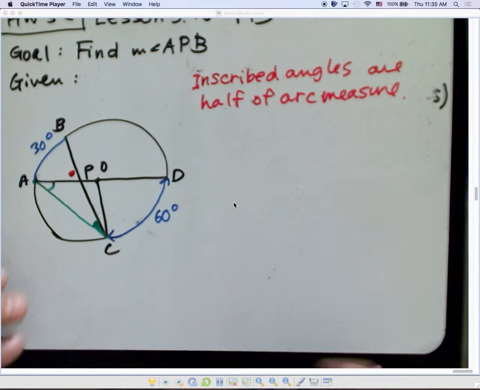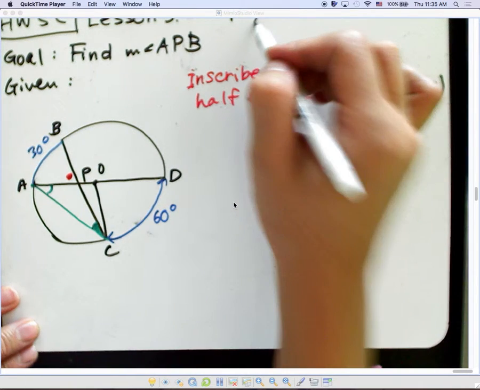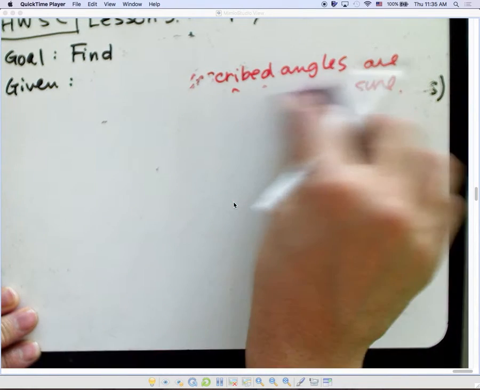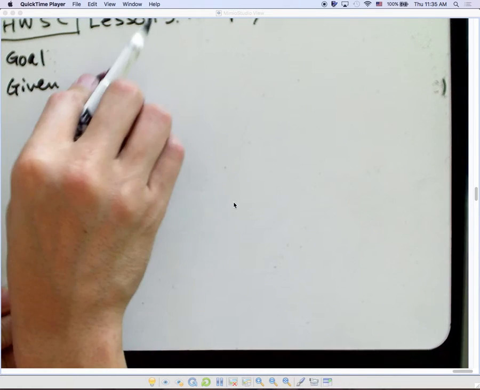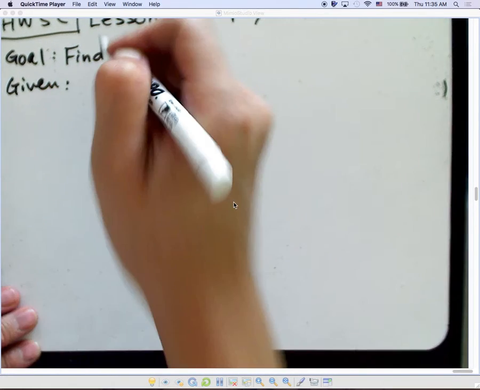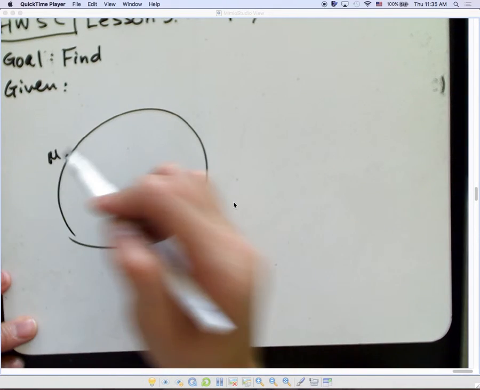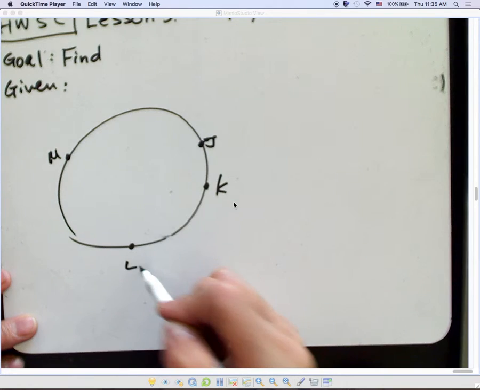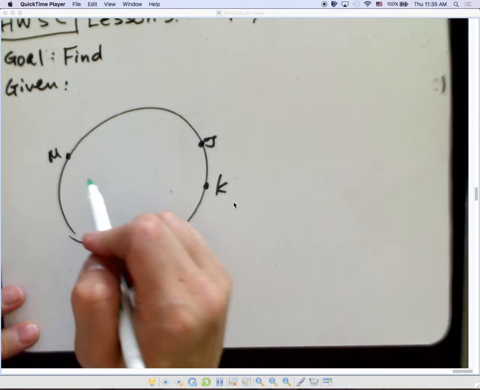Next problem is on the next page, lesson 5.11, problem number 7. It says calculate all missing angle measures and arc measures in the diagram. Those are the goals. The givens are a circle with points M, J, K, and L, and a quadrilateral inside.